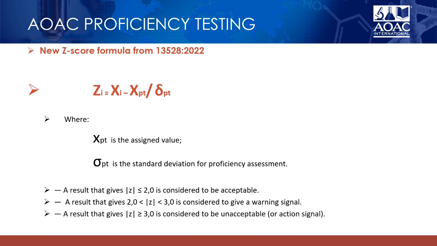The resulting z-scores still have the same meaning. A result less than 2 is considered to be acceptable. A result that gives between 2 and 3 is considered to give a warning signal, and greater than 3 is considered to be unacceptable or an action signal. You need to take action at that point.